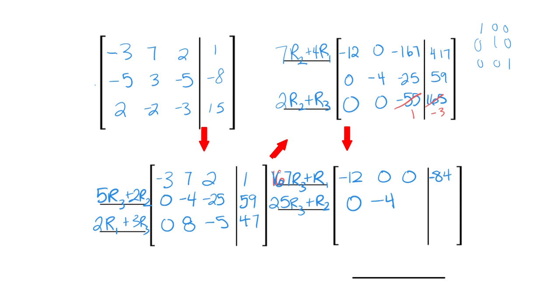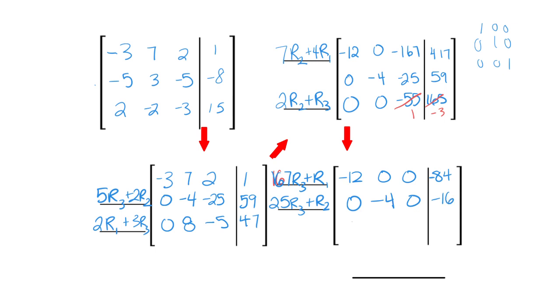Then I'm going to have a 25 and a negative 25. There's my 0. Here's a 25 times negative 3. That's negative 75. And then I'm going to add row 2, so plus 59. And I end up with a negative 16. What do you think of that negative 16? Do you like it? You should, because it's going to divide nicely by negative 4.